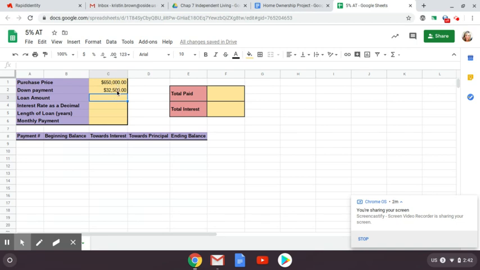The loan amount is the difference between these, because if the house costs this much and I'm putting this much down, then I just have to subtract those two. So I take on my calculator, which is what I'm doing, and you can't see it, but you just subtract the two. And my loan amount is a pretty whopping $617,500.